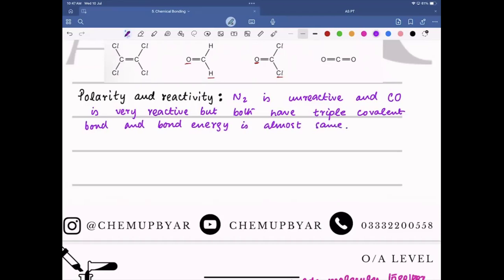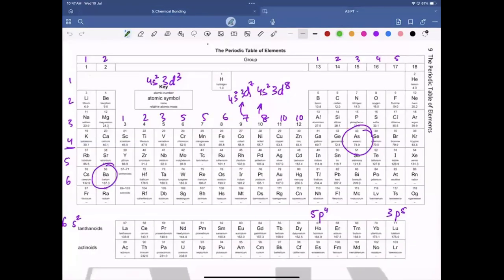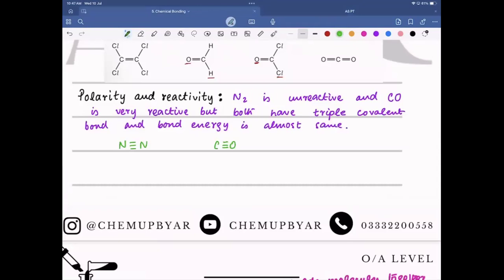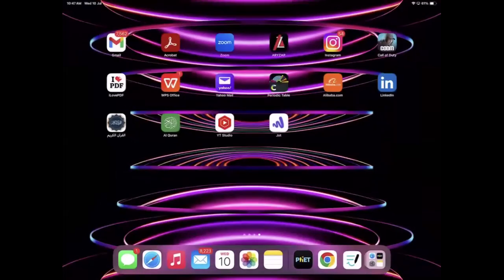I get how nitrogen has a triple covalent bond. How does CO have one? Look at the dative bonding we discussed yesterday. Two are covalent bonds and the third one is a dative one, isn't it? A pair of electrons is donated, right? Yes, sir. Now let's have a look at their bond energy values.